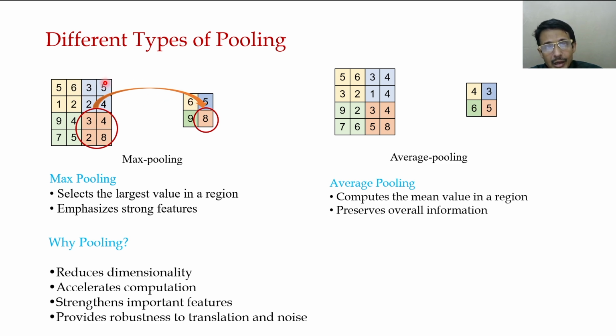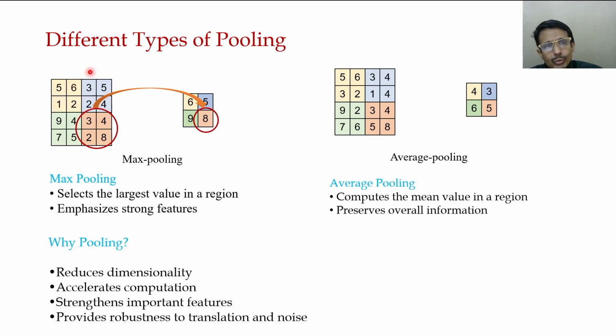So there is some sort of downsampling. For these 4 values it becomes 1. This is 4 values, it becomes 1. So from this max pooling, in this vertical side and the horizontal side, the row and column, we reduce the dimensionality by 2 in columns and by 2 in rows.